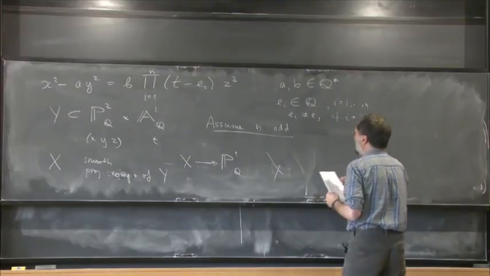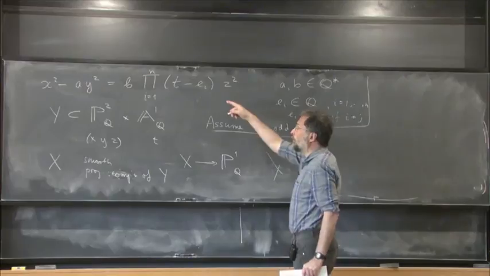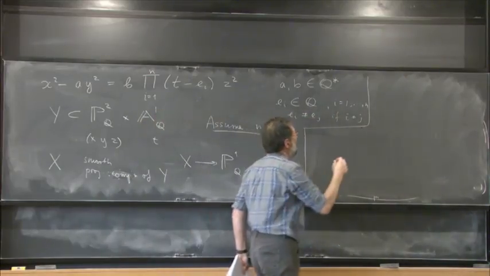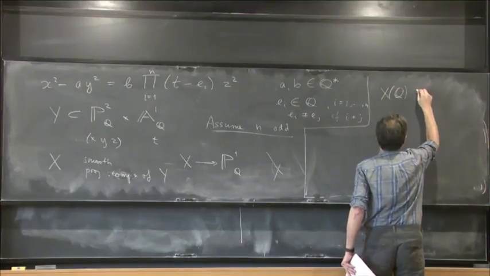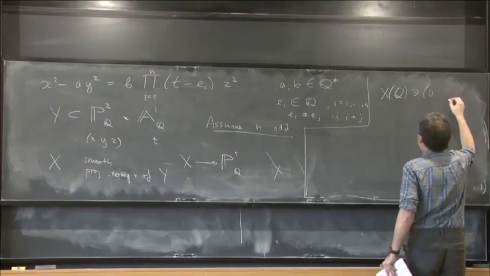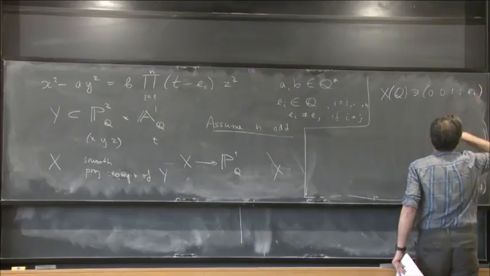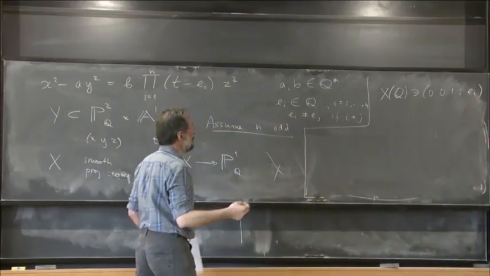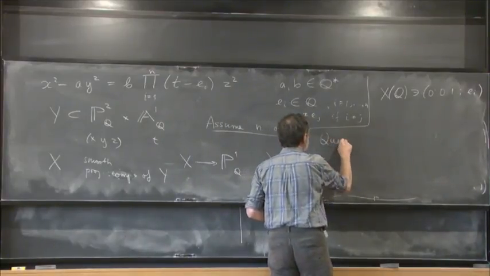So the Diophantine problem here is that clearly we have rational points on this surface. There are obvious points like 0, 0, 1, and then t equal to e_i. So there are finitely many of those obvious points. And the question is, are there any others?